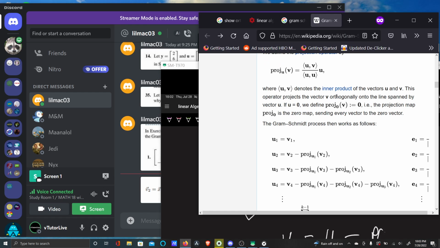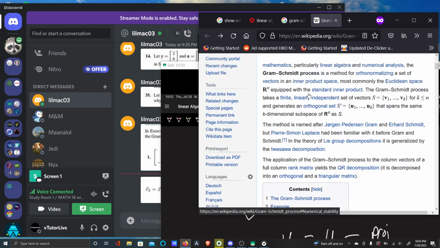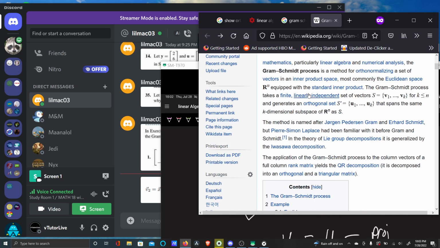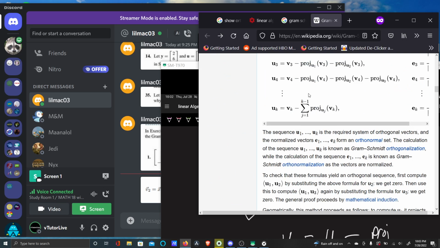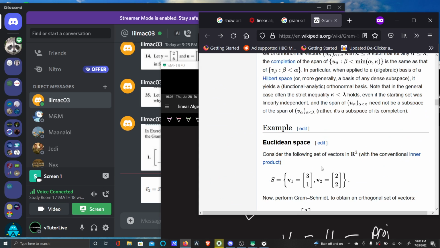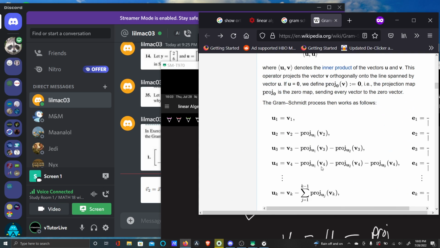The projection of... Oh, that's annoying. They're swapping the U's and V's, which makes my life a little bit annoying.